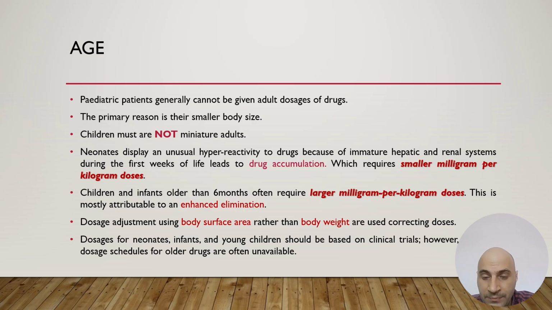Neonates are more sensitive, so they need less drug per weight, a smaller milligram per kilogram dose compared to adults, while children usually need larger milligram per kilogram doses, because neonates don't have hepatic function mature yet, while children have higher metabolism rates, so they act as such per body weight.